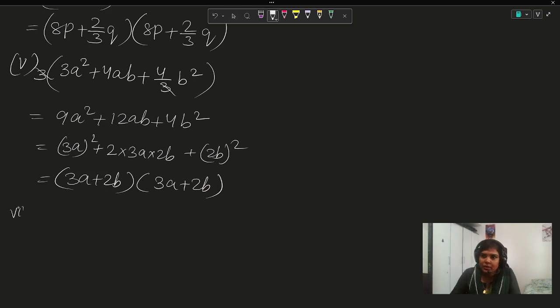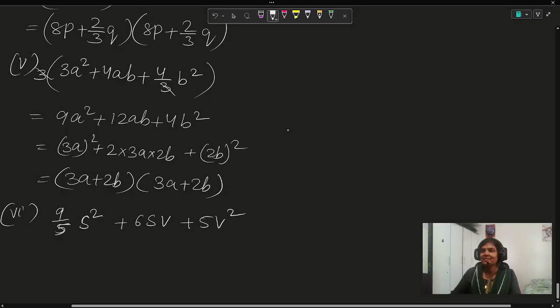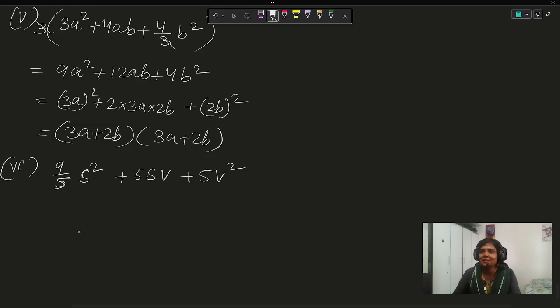Now the sixth part of this question, 9 by 5 s square, this is 5 and this is s, plus 6sv plus 5v square. Here what do you think? If I multiply with 5, will I get it? Seems like that. Let's see. I am multiplying 5 in each term. Let's see what you will get.